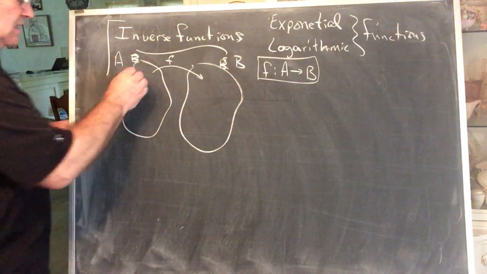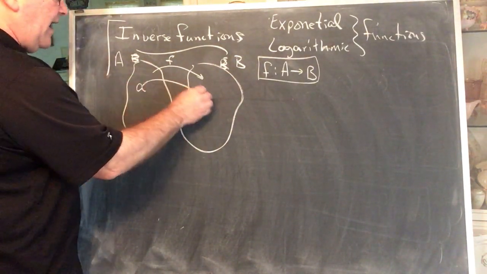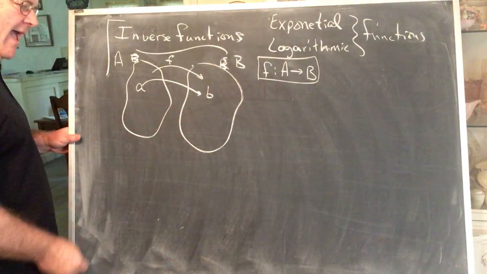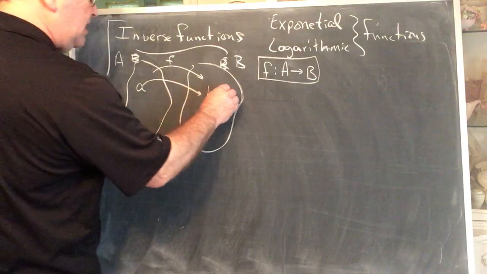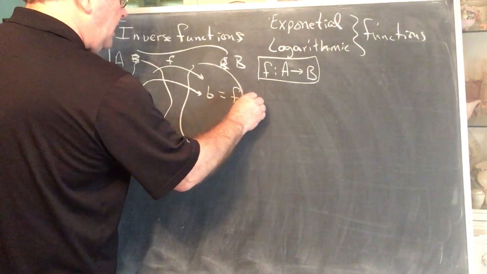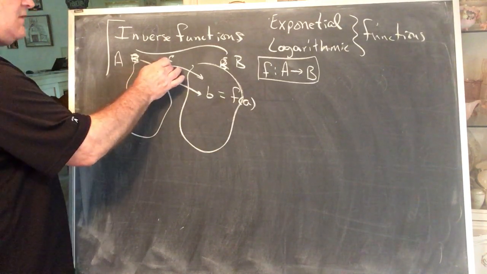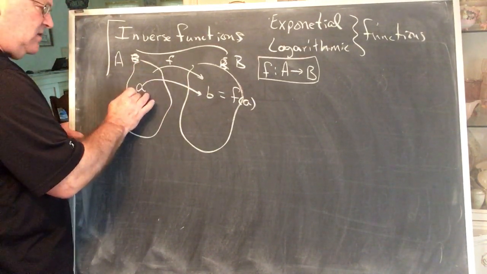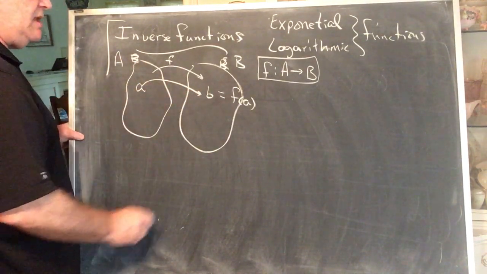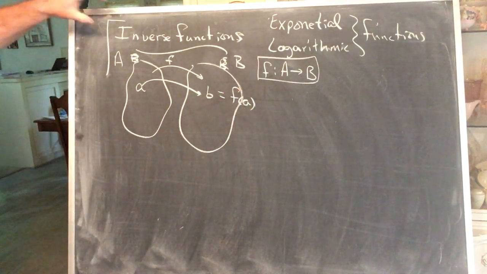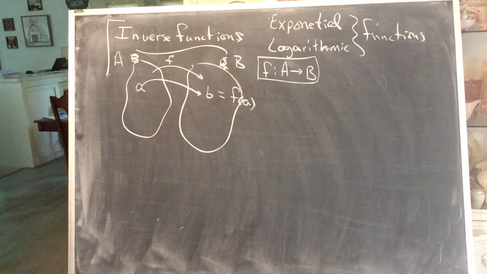Now, what this means is we have a value here, A, and it corresponds to the function value, let's say B. We may, if we wish, write B as f of A. So the function rule applied to the value A produces the value B. B is equal to f of A. Now, the notion of an inverse function says this.